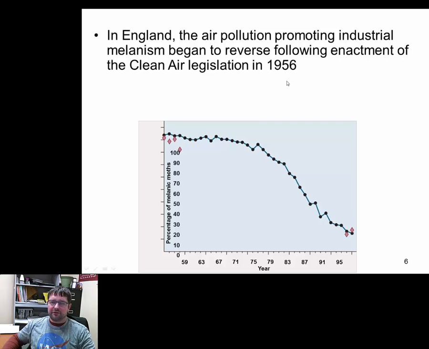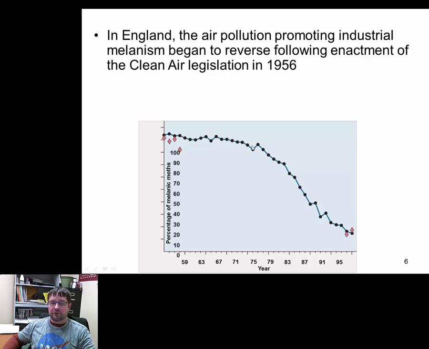But nonetheless, in 1956, in England, they had a clean air legislation, like a Clean Air Act, just like the United States did in the 60s. You start to see a change: after the amount of smoke and soot from plants was decreased, and the amount of air pollution decreased, so did the amount of black moths.